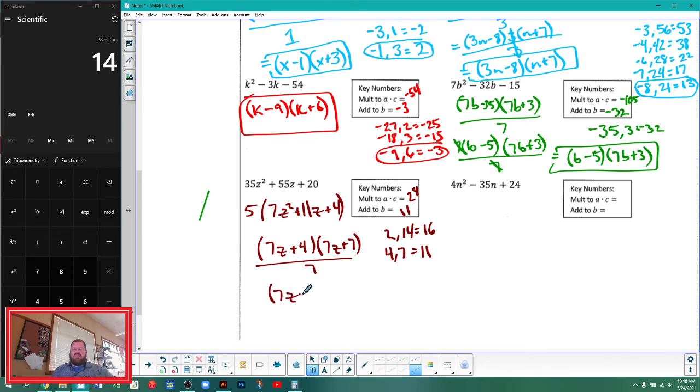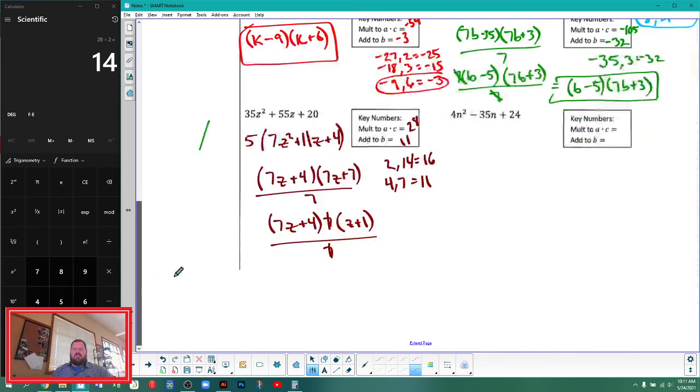Lots of 7s going on. 7z plus 4 times 7 times z plus 1. And that 7 in the middle there is going to cancel out with that 7 at the bottom. And I'm going to get 7z plus 4 times z plus 1.